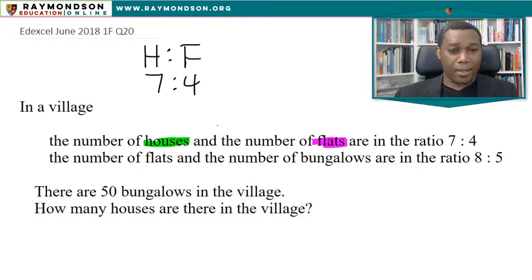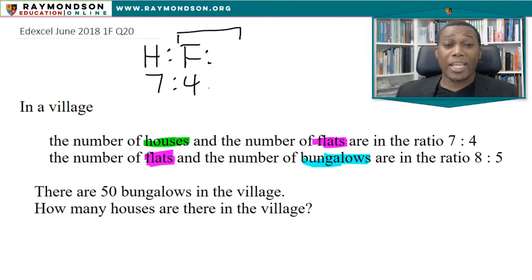And then the second line is telling us about flats to bungalows. Look carefully at what I'm doing here. I'm not creating a new ratio. I'm going to say flats to bungalows, and I'm just going to write it down here. The ratio of flats to bungalows is 8 to 5.